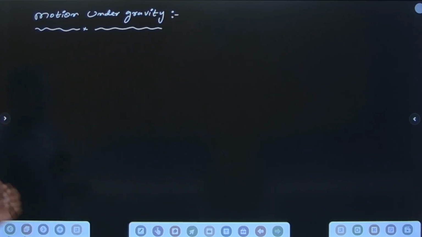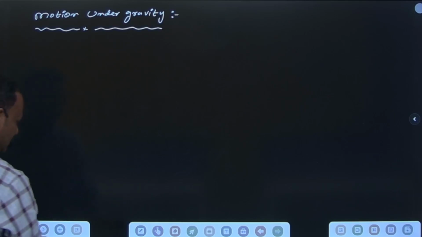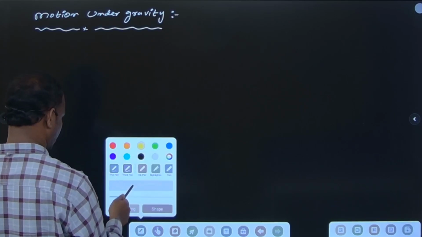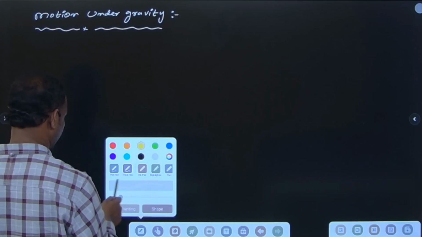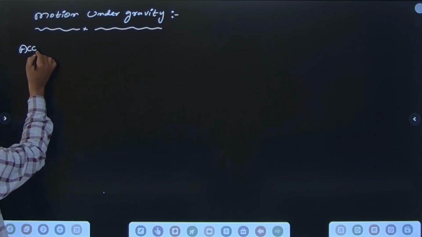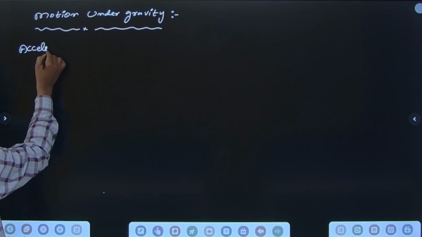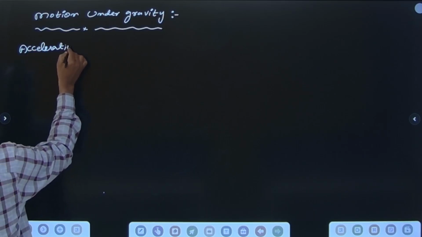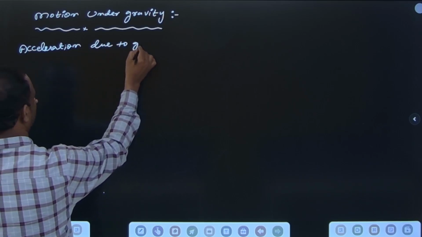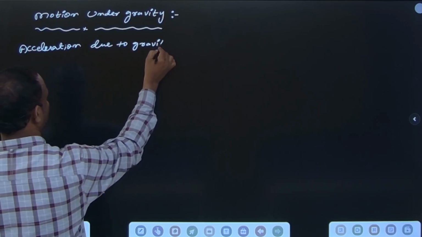First, let me explain what acceleration due to gravity is.